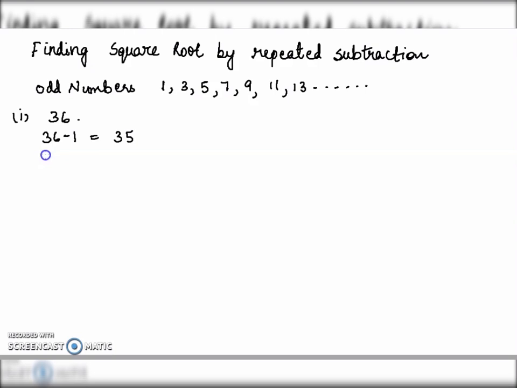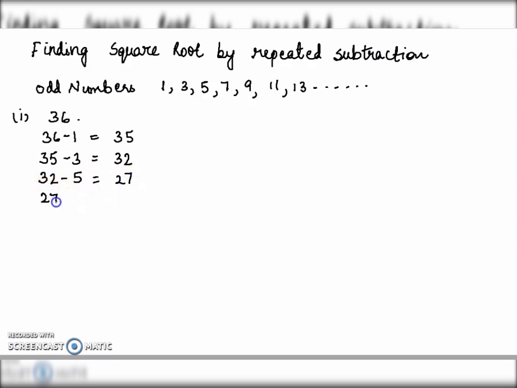Now in the next step, from the number that you have got here, that is 35, you will subtract the next odd number, that is 3. And then note down what you will get. So after subtracting 3 from 35, I will get 32. Then you will write 32 here and subtract the next odd number from 32, that is 5. So you will get here 27.